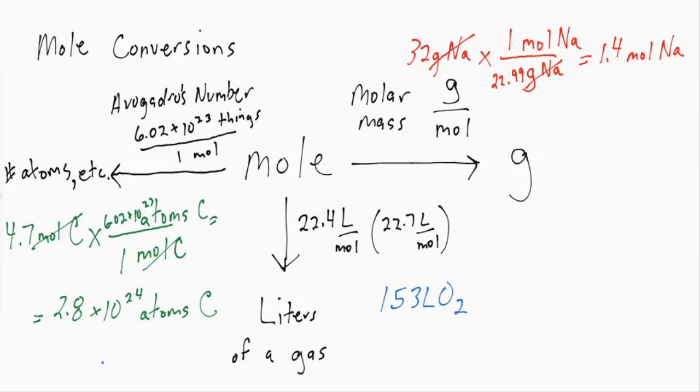Here's a quick refresher: if I have 1 mole of O2, how many moles of O do I have? Oxygen. Think about it. You remember? 2. 1 mole of O2 is equivalent to 2 moles of oxygen.